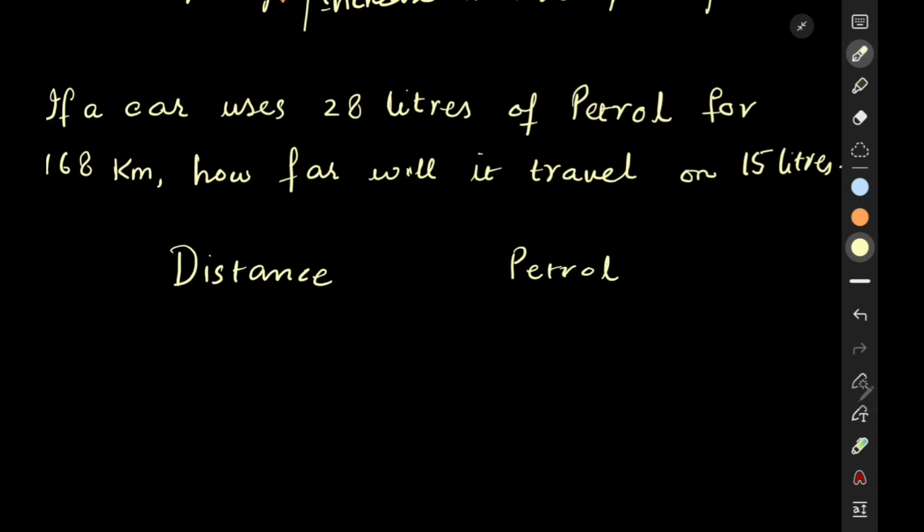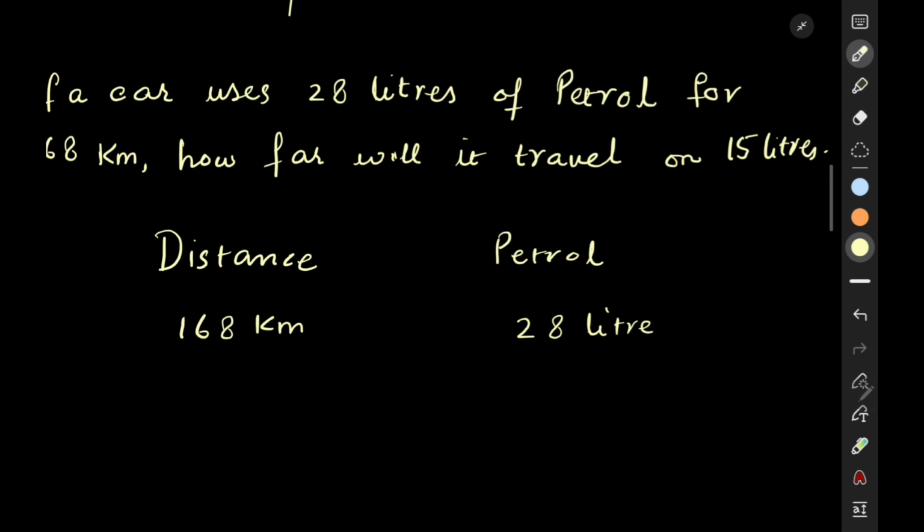The distance is 168 kilometers, and the petrol used is 28 liters, and we have to find the distance traveled by the car when it uses 15 liters of petrol.